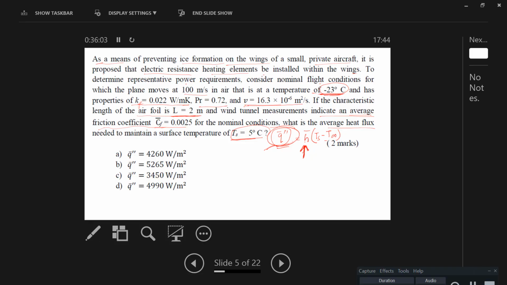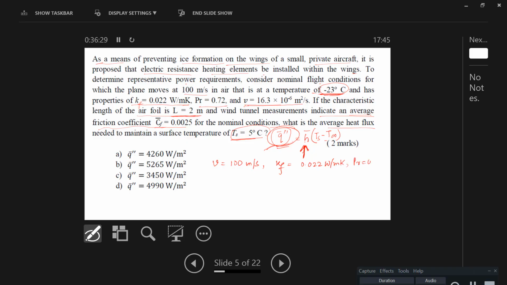So for finding out this, what is all the information which is given? Velocity of the air is given as 100 meter per second. The conductivity is given as 0.022 watt per meter Kelvin.